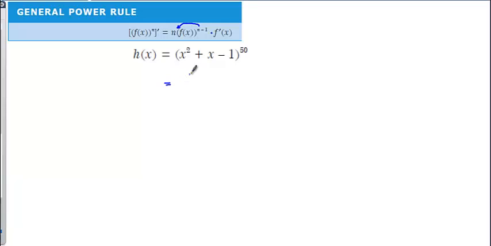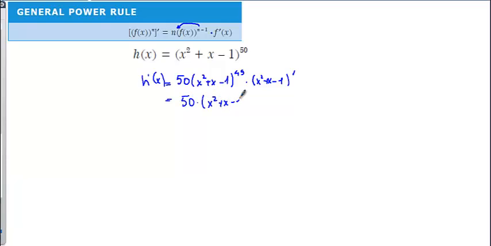So if I solve this one, h derivative x is going to be equal to 50 times (x squared plus x minus 1) to the power of 49.